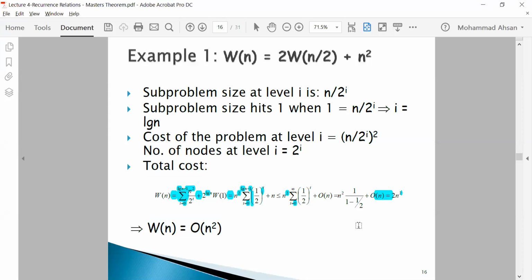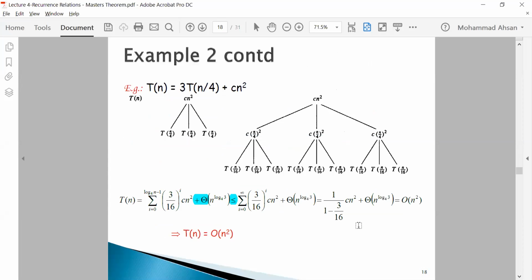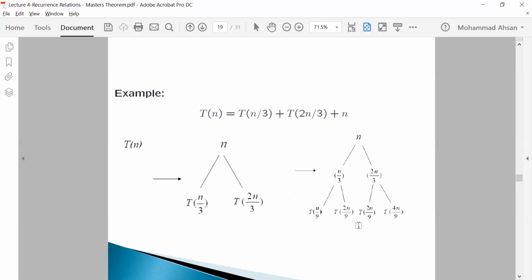This n squared times 1 by (1 minus 1 by 2). So again here, the sum of the series is what is affecting your main runtime, because theta of n to the log 3 to the base 4 is less than it. You obviously have to check which one of the two is greater, but mostly this function will determine how your runtime is going to be.